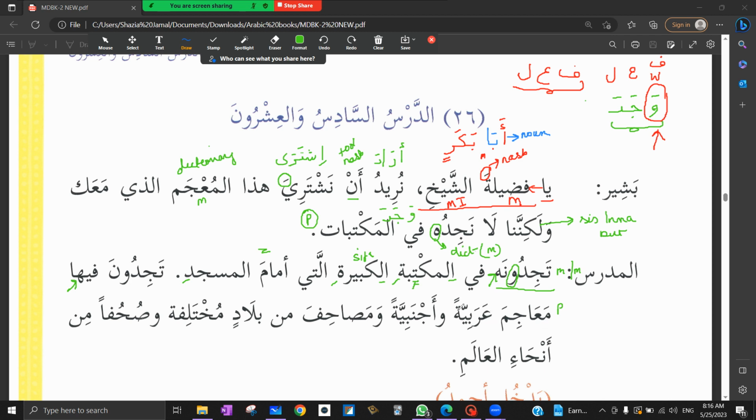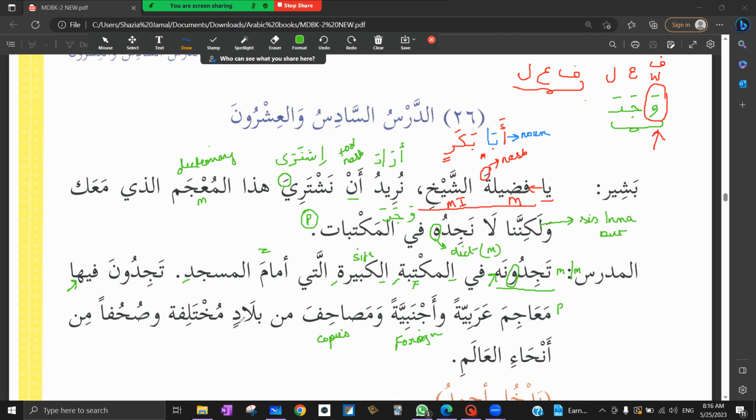And arabiyatan, what kind of dictionary is it? Arabic dictionary. Wa ajnabiyatan, ajnabi means foreign. Foreign dictionary. Wa masahif, masahif means the copies.